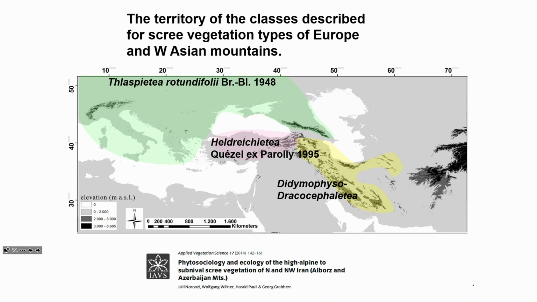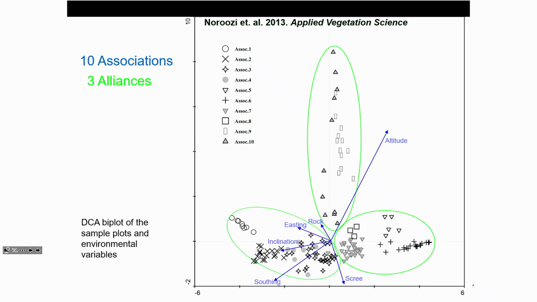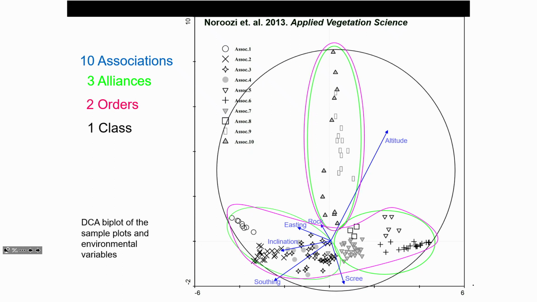Because of the high elevation and isolated situation, the number of endemic species is high. Therefore, it could be a separate class, but it is similar in habitat type to what we have in Anatolia and also European mountains. We described different vegetation types, associations, alliances, orders in one class.